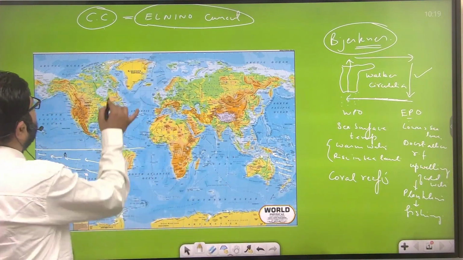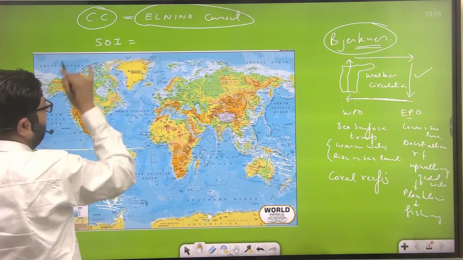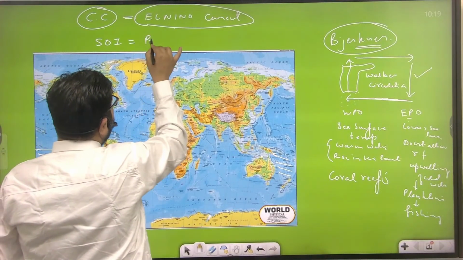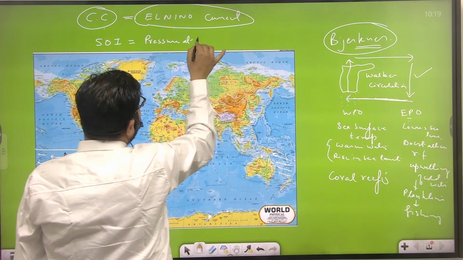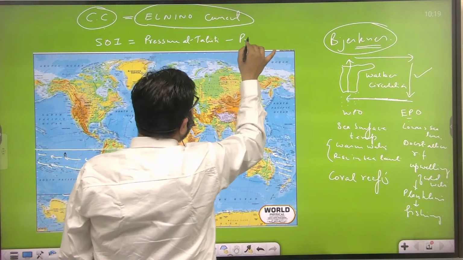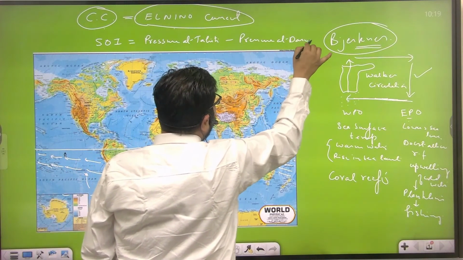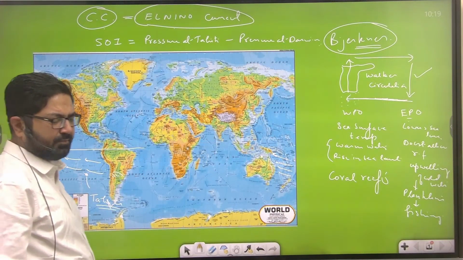Using these two, a Southern Oscillation Index was developed. That is, it was calculated by subtracting pressure at Tahiti minus pressure at Darwin would give you Southern Oscillation Index.